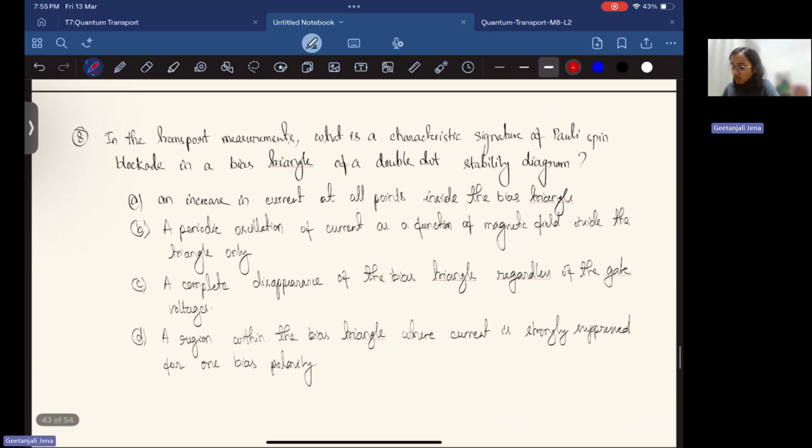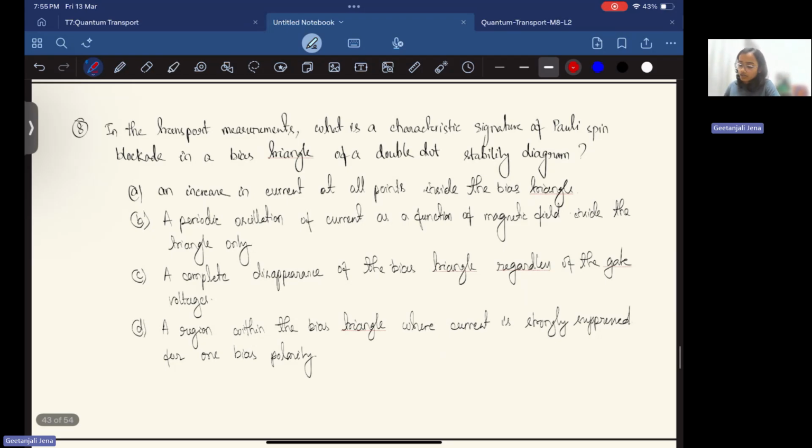So we'll solve question number 8, then we'll end the session. For question number 8, it says, in the transport measurement, what is the characteristic signature of Pauli spin blockade in a bias triangle of a double dot stability diagram?